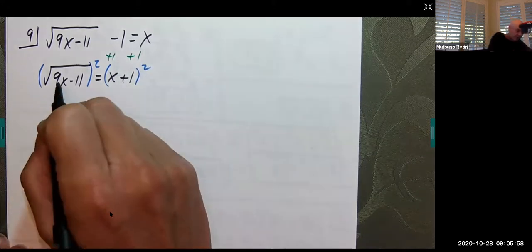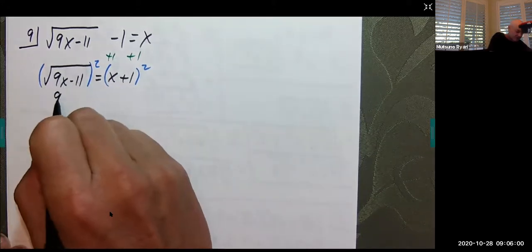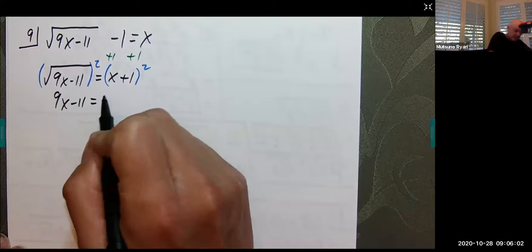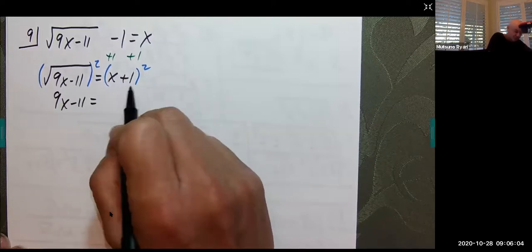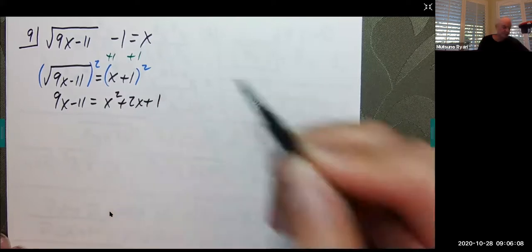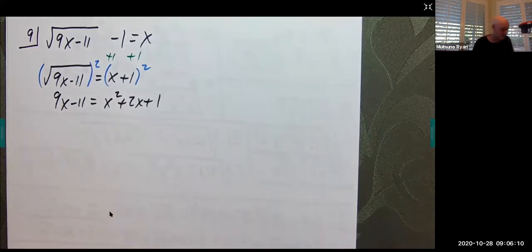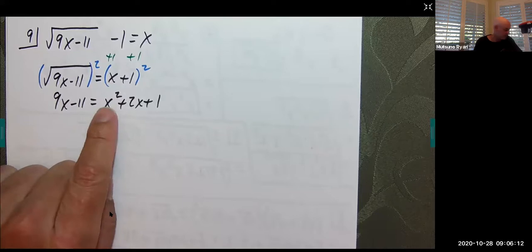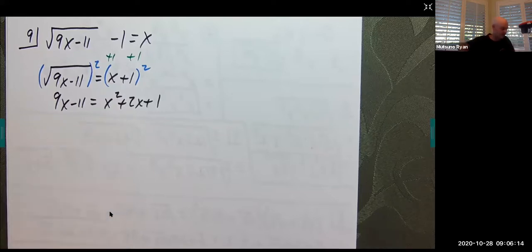Here, the radical cancels out. Here, when I do x plus 1 times x plus 1, I get x squared plus 2x plus 1. There's also a formula that can help you with that. The key here is that I now recognize that I have a quadratic, which means I have to get the whole thing equal to 0.